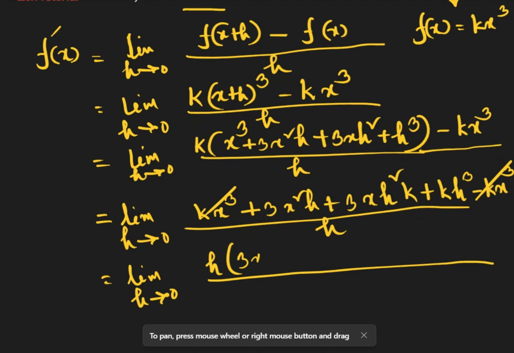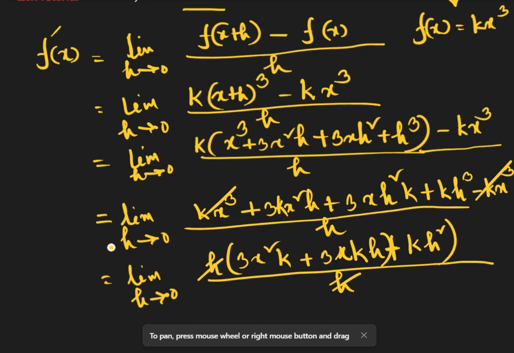So this will be 3x square, and here I think k is missing, so we have to write down the k here as well. So let's write down k here, plus 3xk h, and here plus k h square, and here will be h.